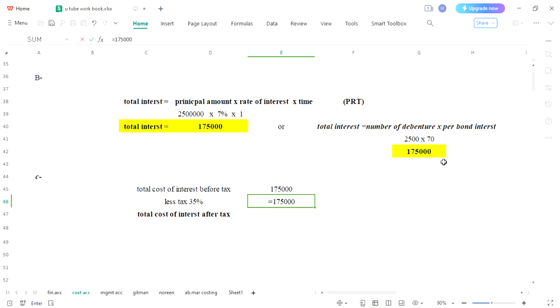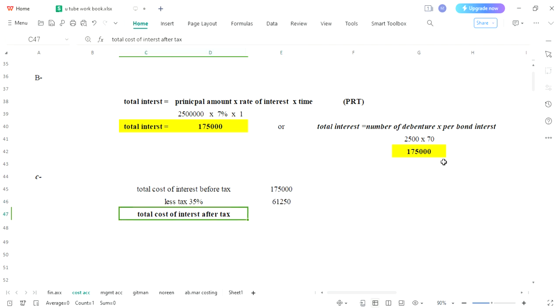The person who has invested this amount in Carter organization will be getting income in the shape of interest, and for Carter it is an expense or cost. So tax bracket is 35%. 35% means we will directly calculate 35 over 100.